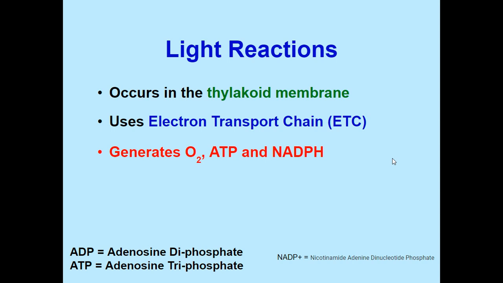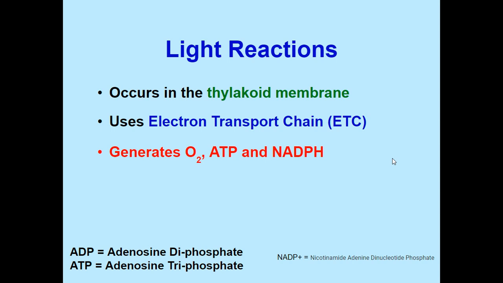So again, like I said, there's going to be lots of words that are shortened down to make it easier for you to keep track of, even if those word shortening things might be confusing. I provided them here so that you understand what they are. ADP and ATP, and NADP plus and NADPH, are all molecules that are different versions of energy.